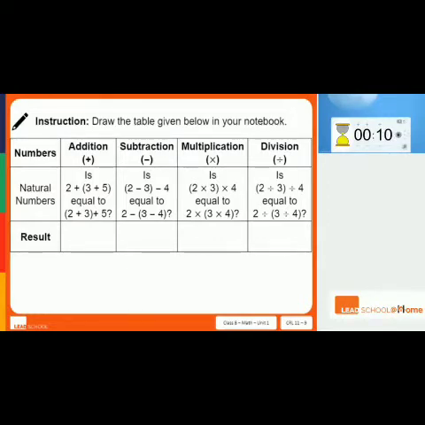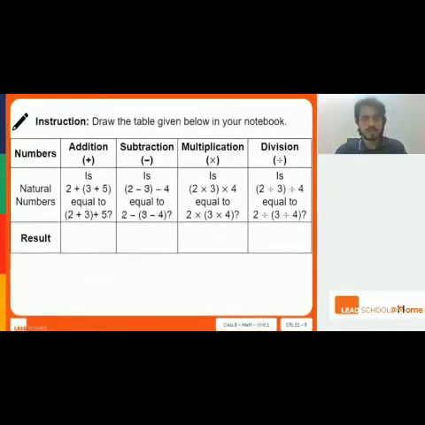Last 10 seconds. 5, 4, 3, 2, 1 and 0. So in this, what we are going to do is, we are going to check the associative property for natural numbers. Okay, how will we do that?